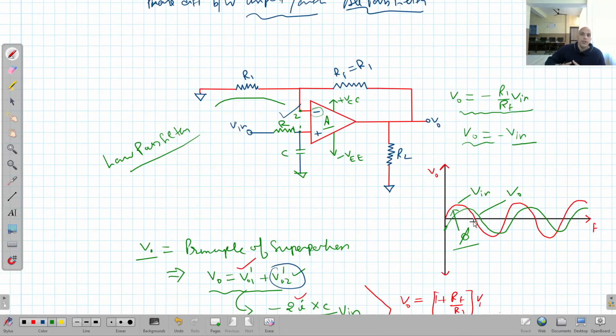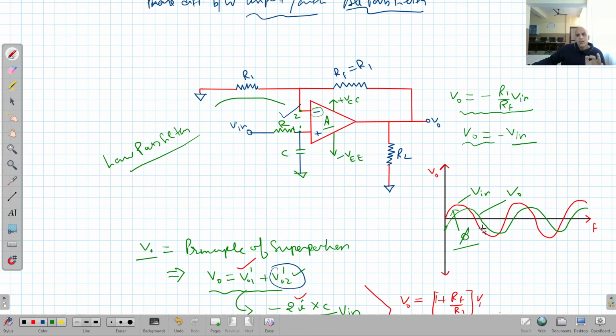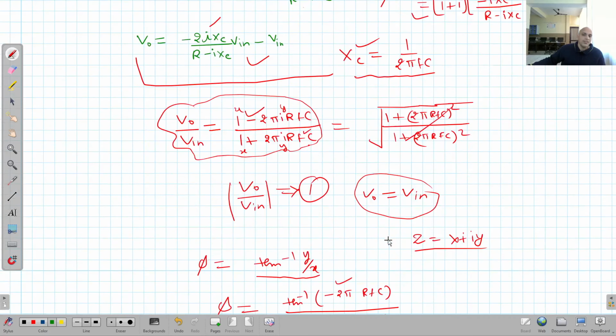So what I told you in the beginning, that in the practical applications where we use these all pass filters, we have a range of frequencies or a lot of frequencies. So when we want to add some phase angle to those frequencies, we can use this filter. If we want to remove unwanted distortion in the phase, to correct the phase of the different frequencies, then we can use this circuit.